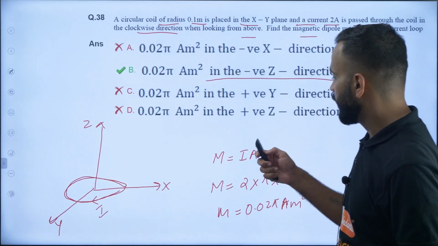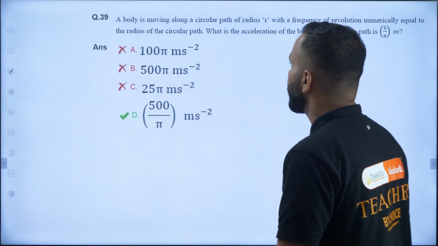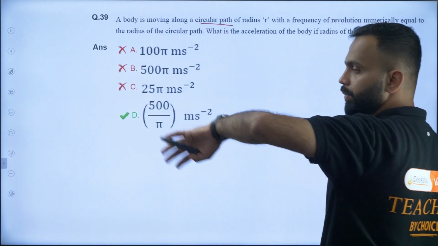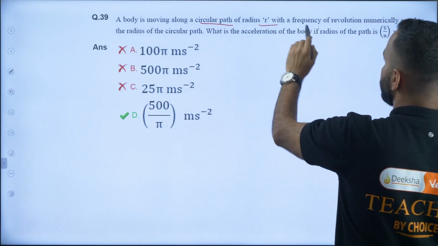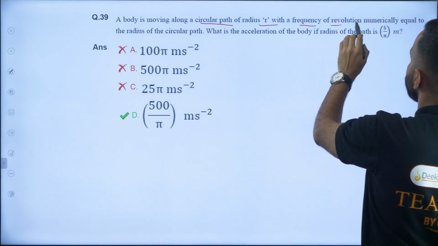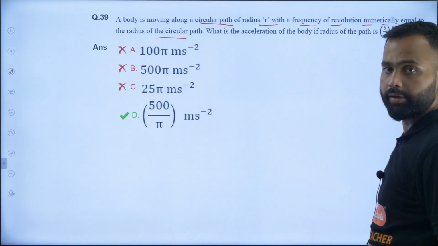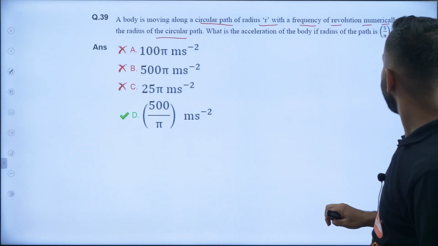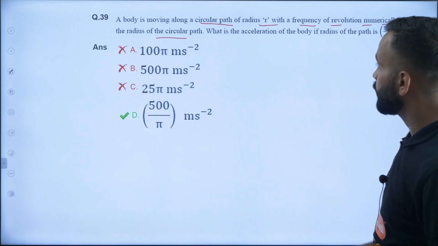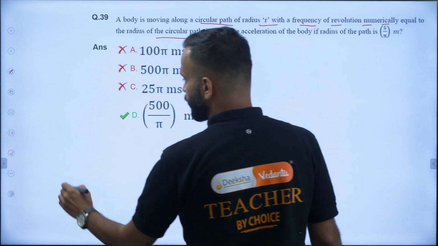Question number 39. A body is moving along a circular path of radius R with the frequency of revolution numerically equal to the radius of the circular path. What is frequency?